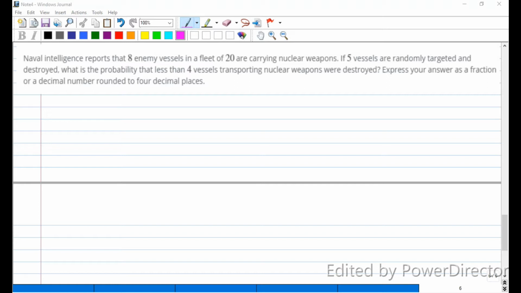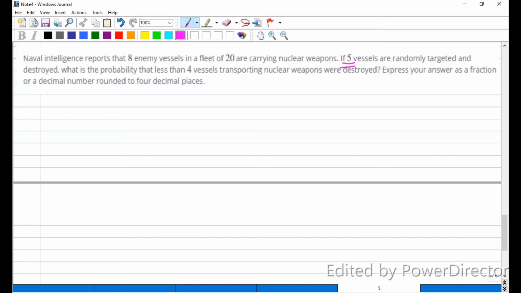All right, this is going to be one where using the complement will be quicker. Let me tell you why. 8 of the 20 have nuclear weapons. We're destroying 5 of those.